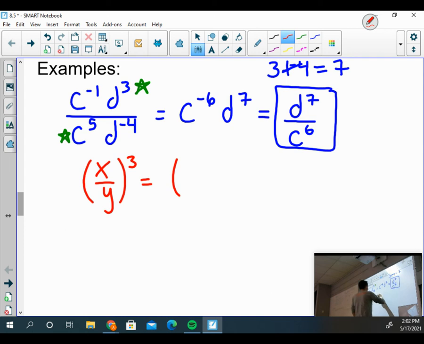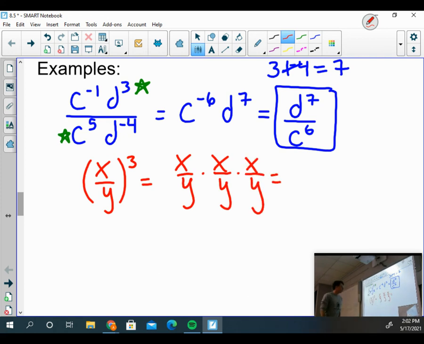Well, that means I have 3 x over y's multiplied together. x over y times x over y times x over y. And we know from our middle school days, 5th, 6th grade, that when we have fractions multiplied, we multiply numerator by numerator and denominator by denominator.